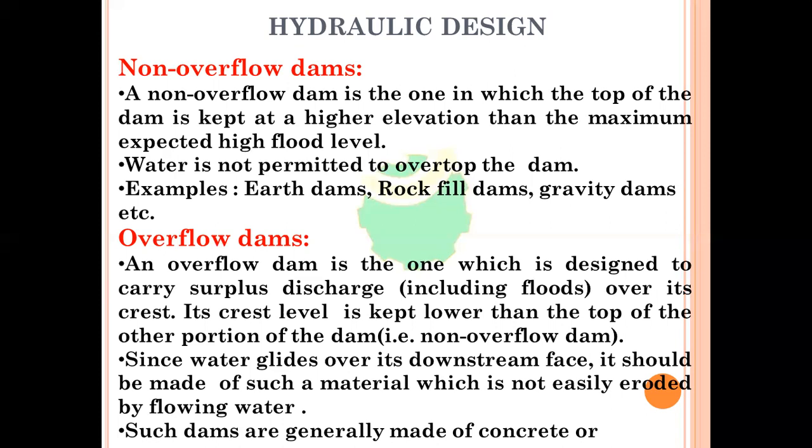Next one, overflow dams. An overflow dam is one which is designed to carry surplus discharges, including floods also, over its crest. Its crest level is kept lower than the top of the other portion of the dam. Since water glides over its downstream face, it should be made of a material which is not easily eroded by flowing water.